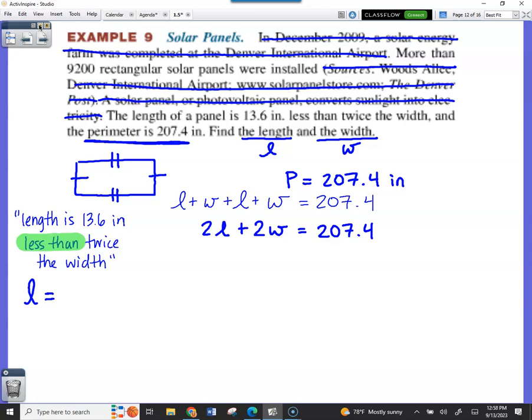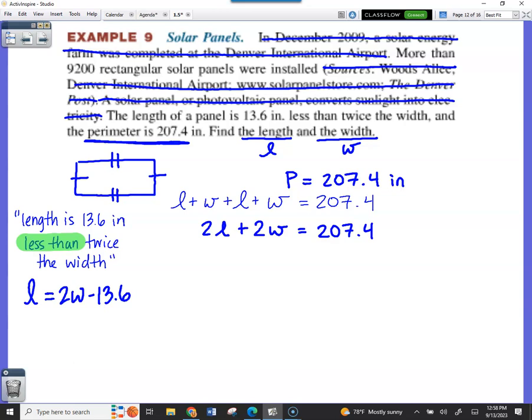So the phrase less than means switch the order of what I just wrote. So it's actually 2W minus 13.6. If you write it the other way, you're going to get a negative, and then your answer is going to be wrong. Now that's only the phrase less than. Less than is a tricky phrase.